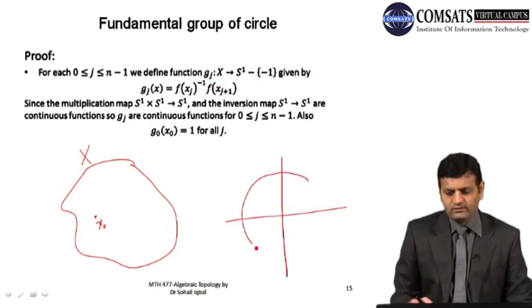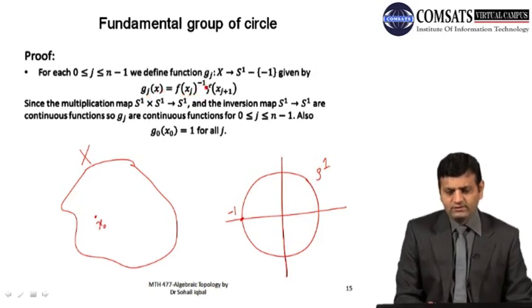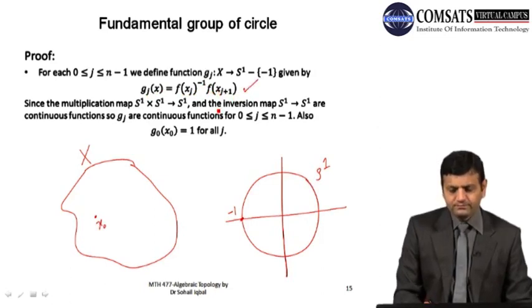Okay, so this is S1 and this is the point -1. So how do we define this function? gj of x is equal to f of xj minus 1 raised to power -1 into f of xj plus 1. So that's how we define gj's.